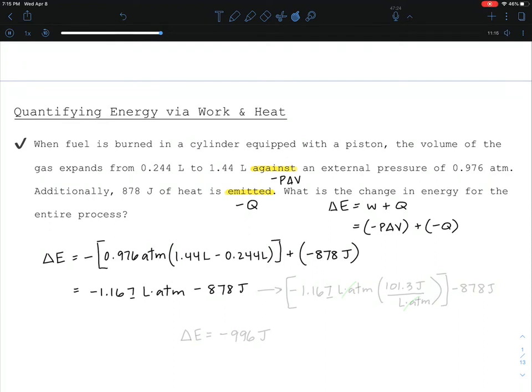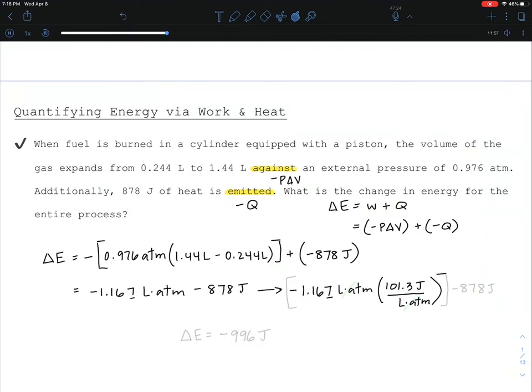We have another conversion factor that we can use. Over here, let me do it off to the side, convert our liter atmospheres into joules so we can have like units. So over here, I'm going to write negative 1.167, carrying the 7, liter atmospheres, because I know that 101.3 joules are in 1 liter atmosphere.